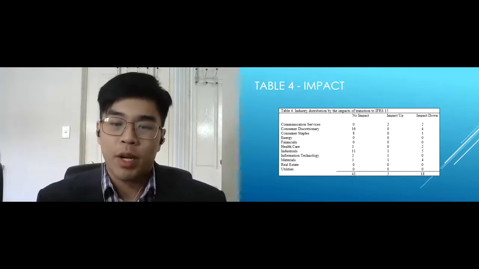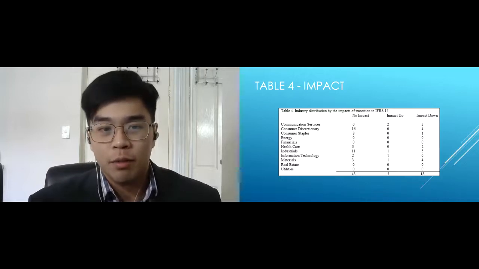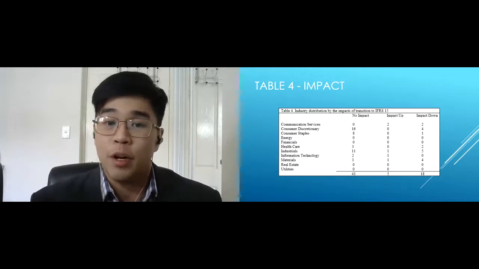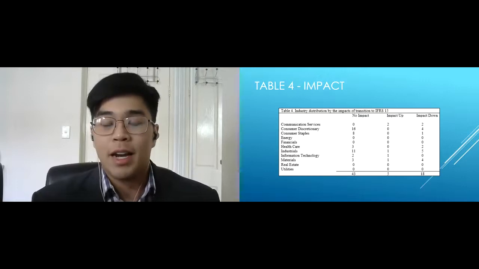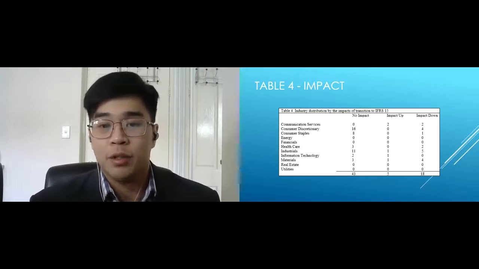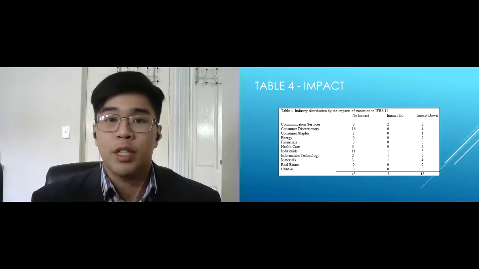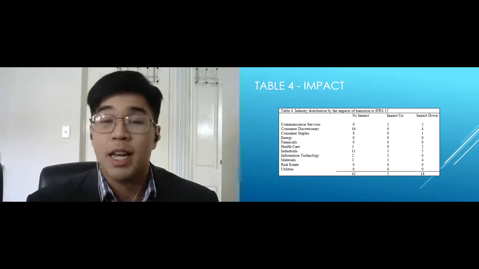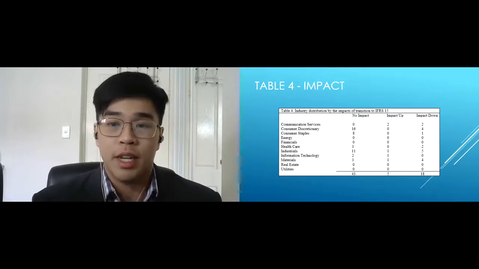When we cut down to our 66 sample, we can see here that most firms had no impact. Only 5 had an upwards adjustment to their retained earnings due to the standard, and 18 had to readjust their opening retained earnings downwards due to the standard.